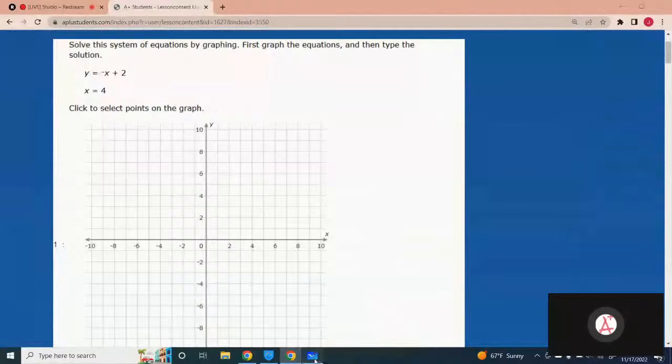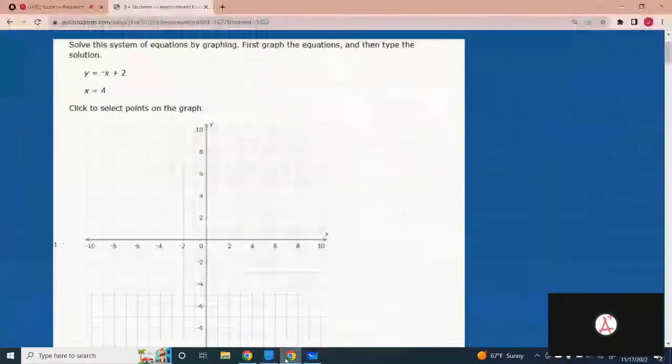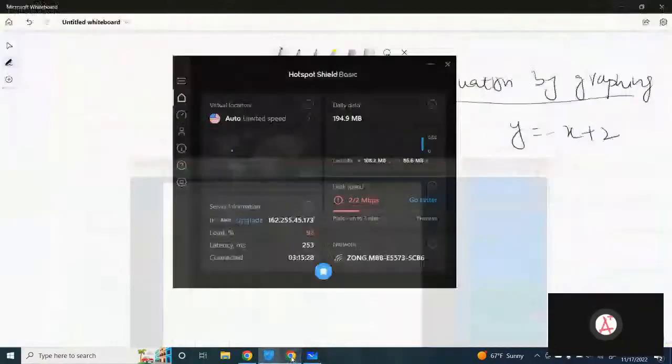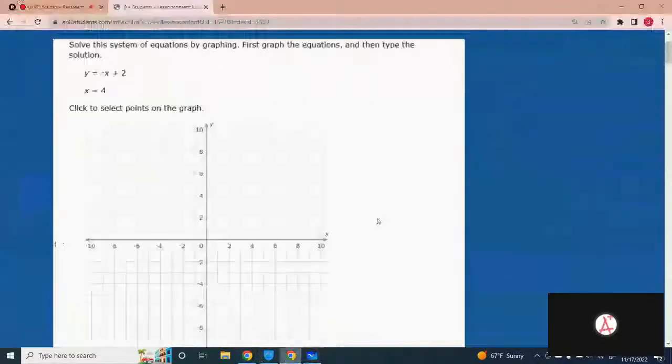The equation is y equals negative x plus 2. And the second equation is x equals 4.